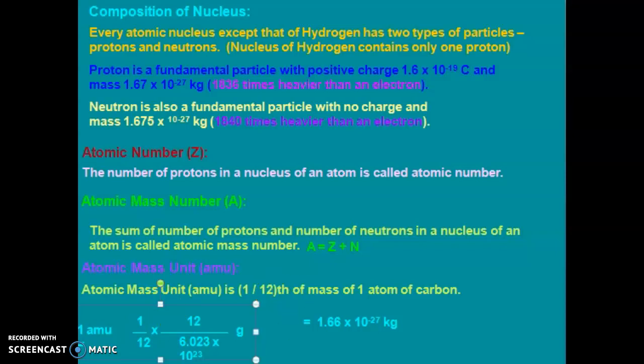With this we can calculate the value of 1 AMU, that is 1.66 into 10 raised to power minus 27 kg. So this is the value of AMU in kilograms.